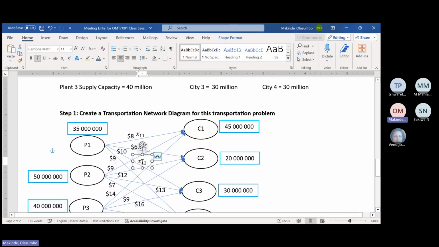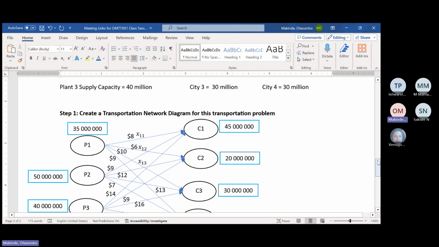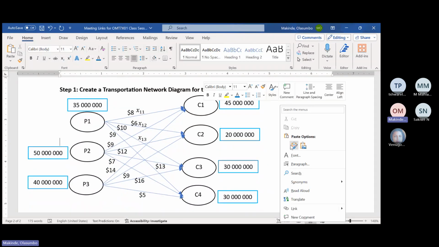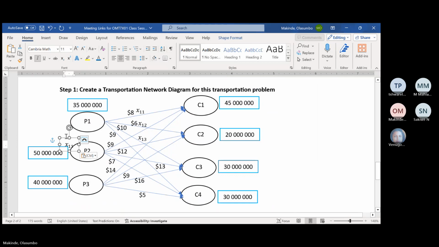So don't put it wrongly, so that you don't misinterpret when you do the formulation. Then X14 is here, which is 1 to 4 in that arrow. I can put it here. I just want to put it in a place where I can see.